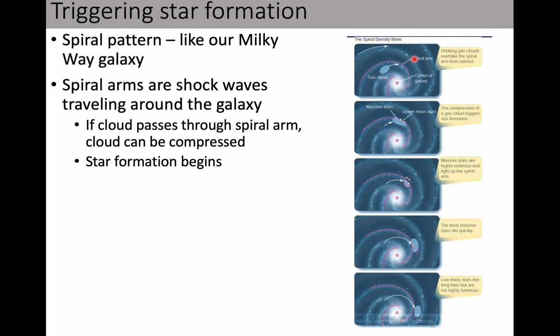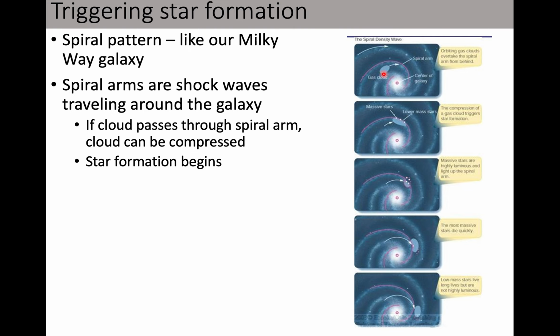So if there is a cloud of gas in the galaxy, and the shock wave moves through the cloud of gas, or the cloud of gas moves through the shock wave, meaning through the spiral arm, it can cause compression of that cloud. So that's what this diagram is showing here.